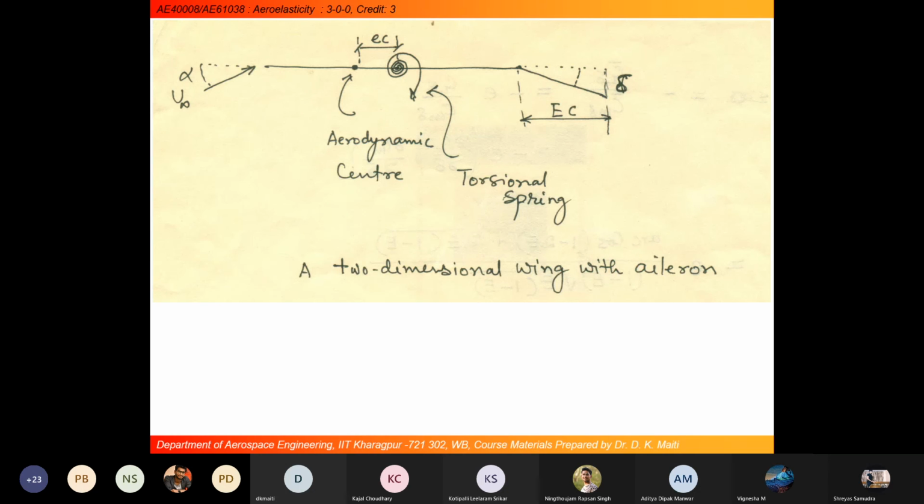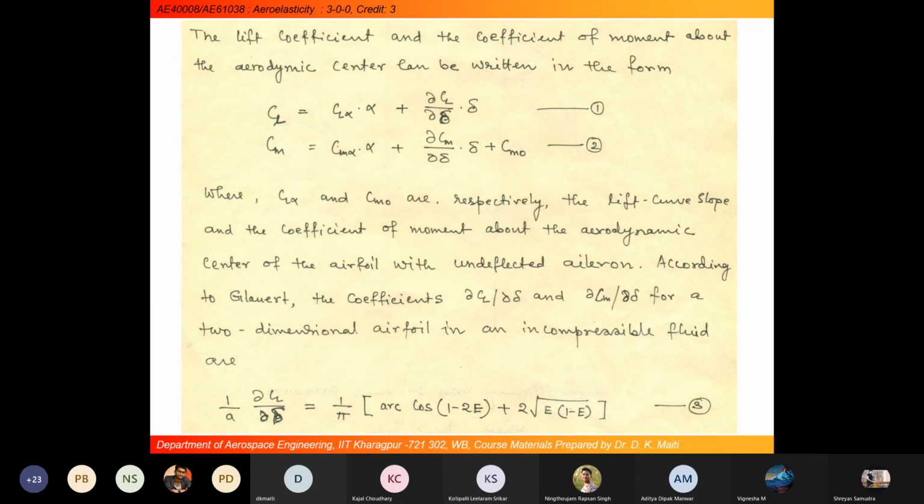We have considered an aerofoil section. With the aerofoil section, alpha is the angle of attack, V infinity is the forward free stream velocity, the distance between the aerodynamic center and elastic center is e into c, and the control surface deflection is delta. So this is the two-dimensional configuration.